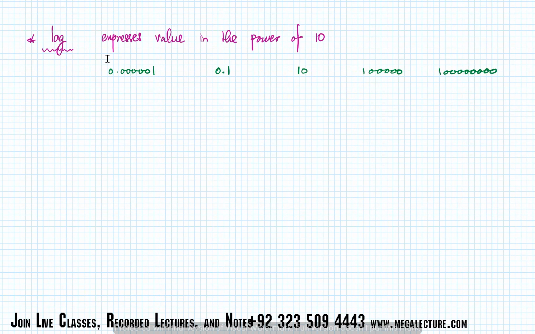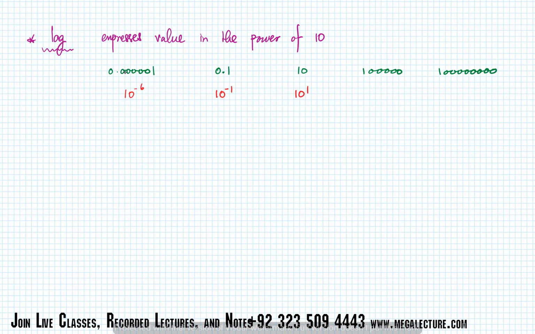What would these be in powers of 10? This one is 1 2 3 4 5 6, 10 power minus 6. This is 10 power minus 1. This is 10 power 1. So this is what is meant by base 10.